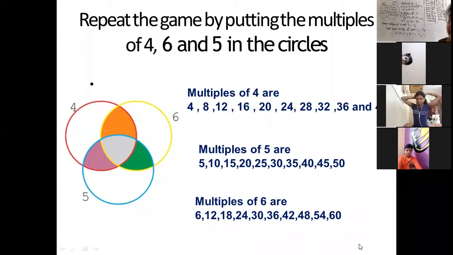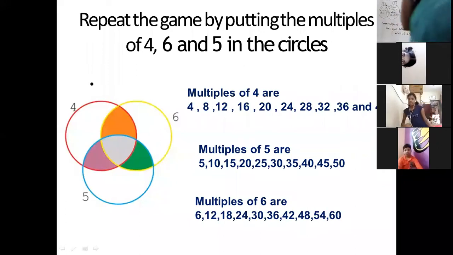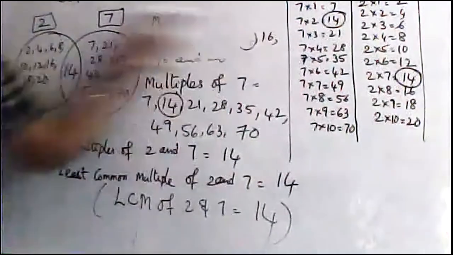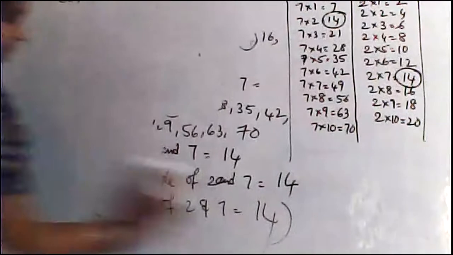Now you have to repeat the game by putting the multiples of 4, 5, and 6. Let us see that. Now all of you write, multiples of 4.